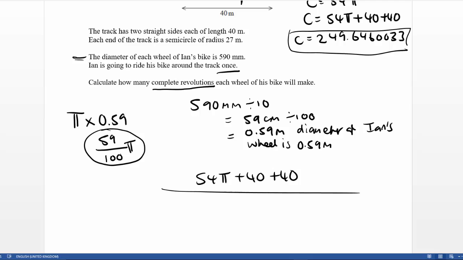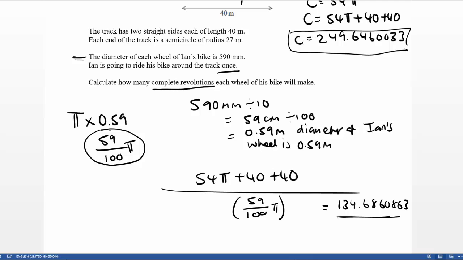Divide all that by another fraction, 59 over 100 pi. This is going to give you an answer of 134.6860863. That is how many revolutions we've done.